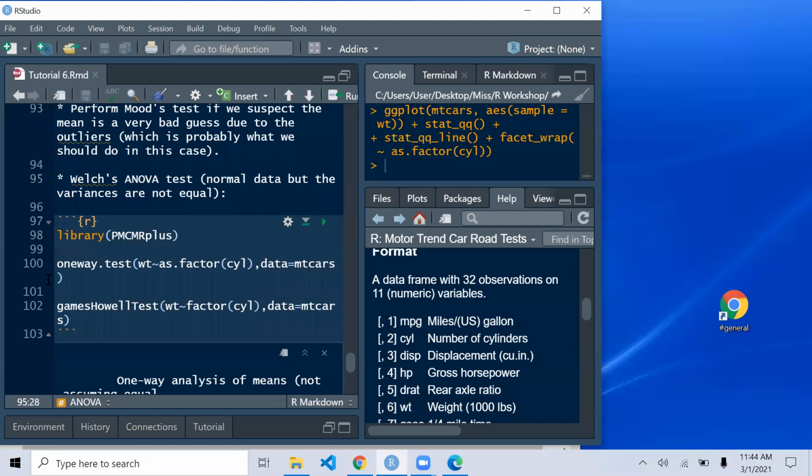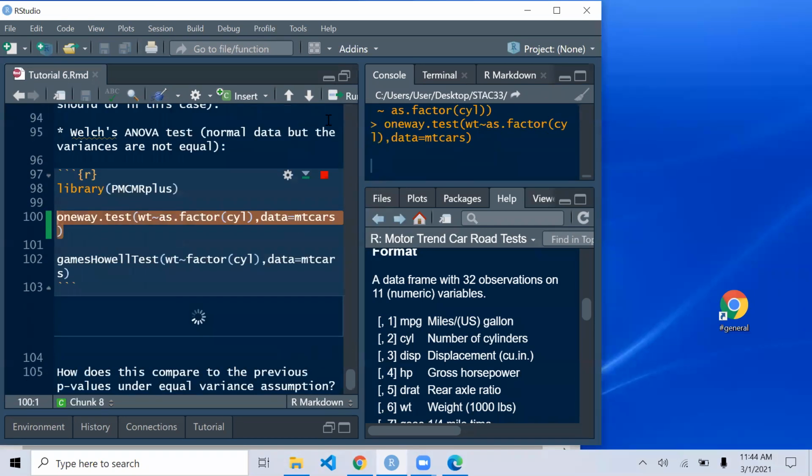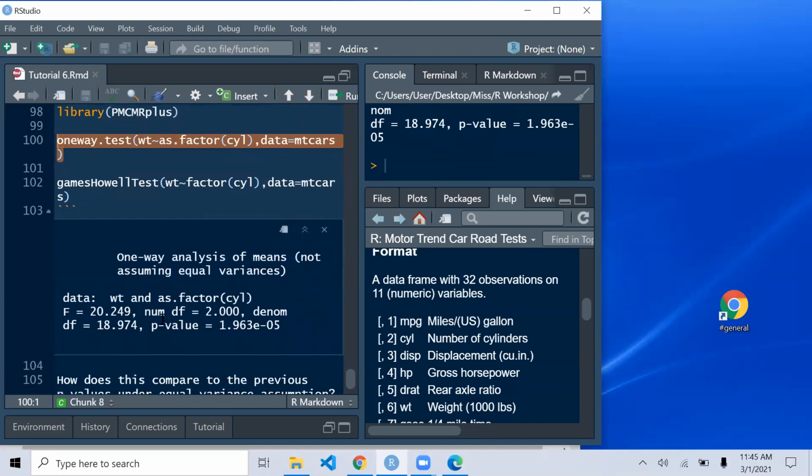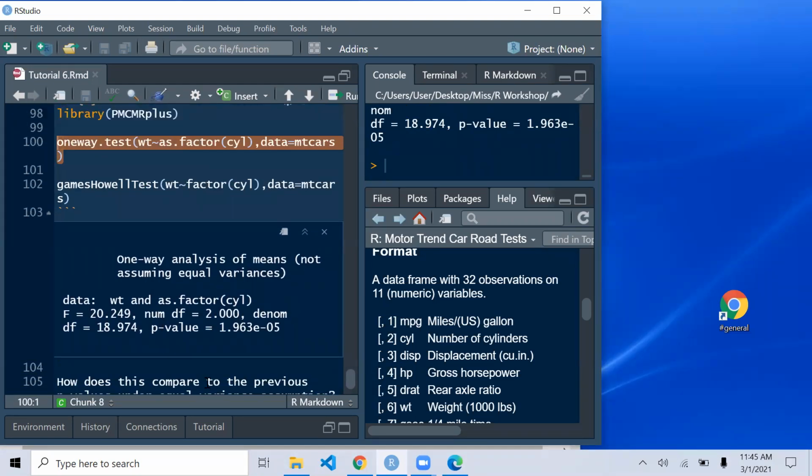So now let's perform the test and see what we achieve. You can see here that what you get is a test statistic that went down from 22 to 20.249, and you also got a p-value that's bigger as well.